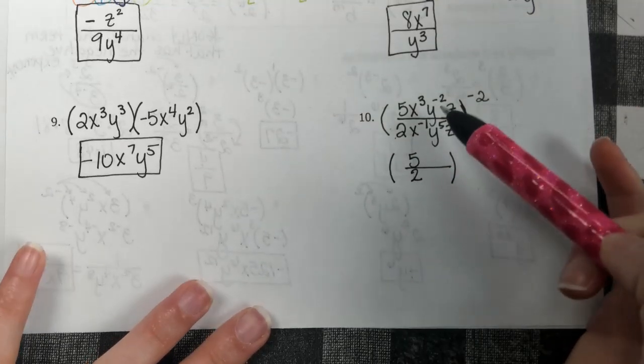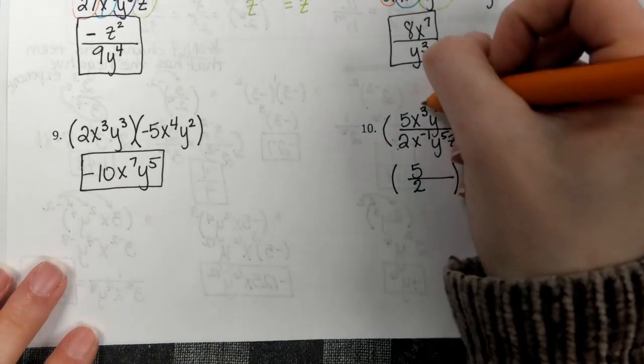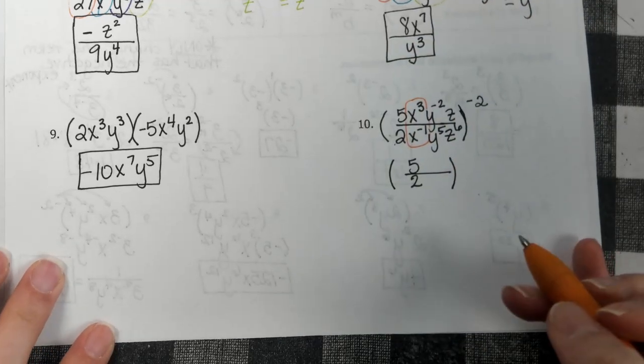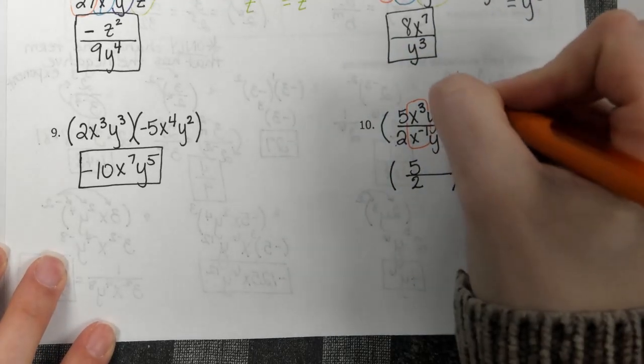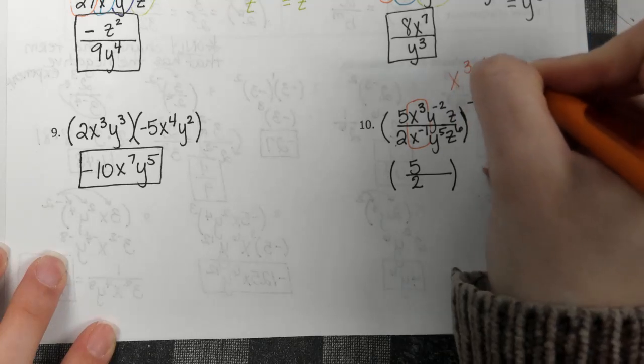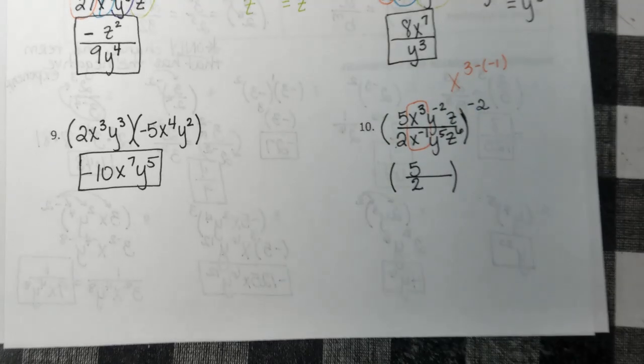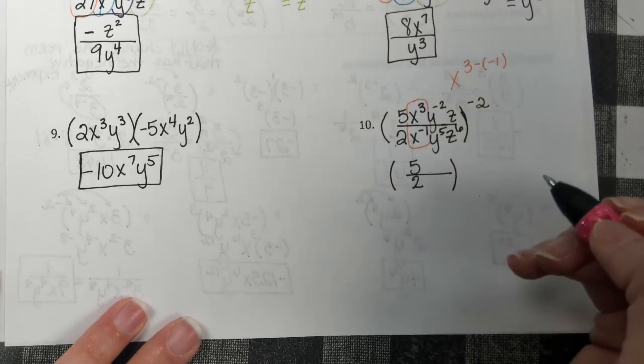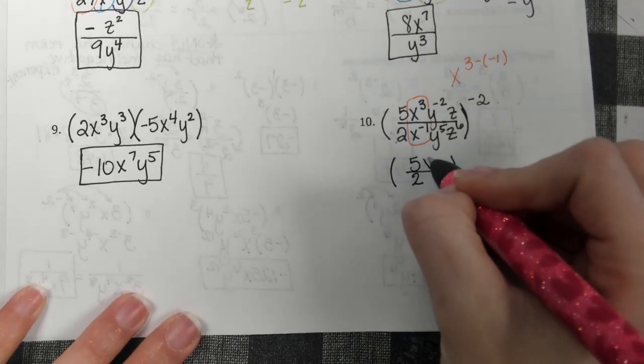Then I'm going to look at x cubed over x to the negative 1. So I've got x, 3 minus negative 1. What does that give me? X to the 4th. Does that go on the top or the bottom? Top, because it's positive.